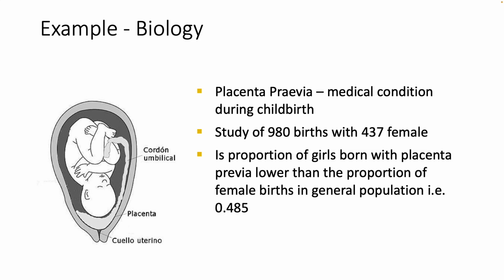The study considered gives that of 980 births, 437 were female. And the question is whether this is a good enough indication that the proportion of girls born with placenta previa is different, in this case lower, than the proportion of girls born in all births.